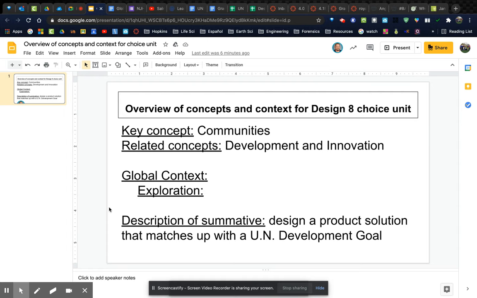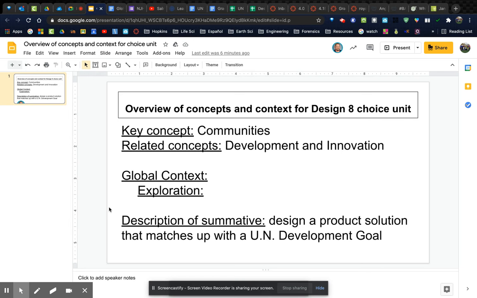And then for the summative, we had decided that we want the students to make a product. So they're going to make something tangible, whether it's an invention, an innovation of a current solution, or even a campaign. Maybe it's an informational product where students tell others about the goal they're working towards helping solve.